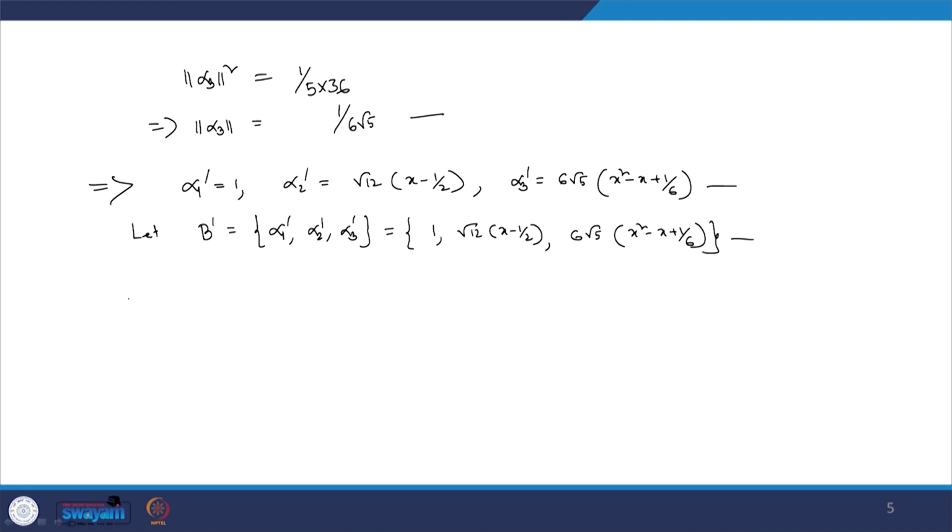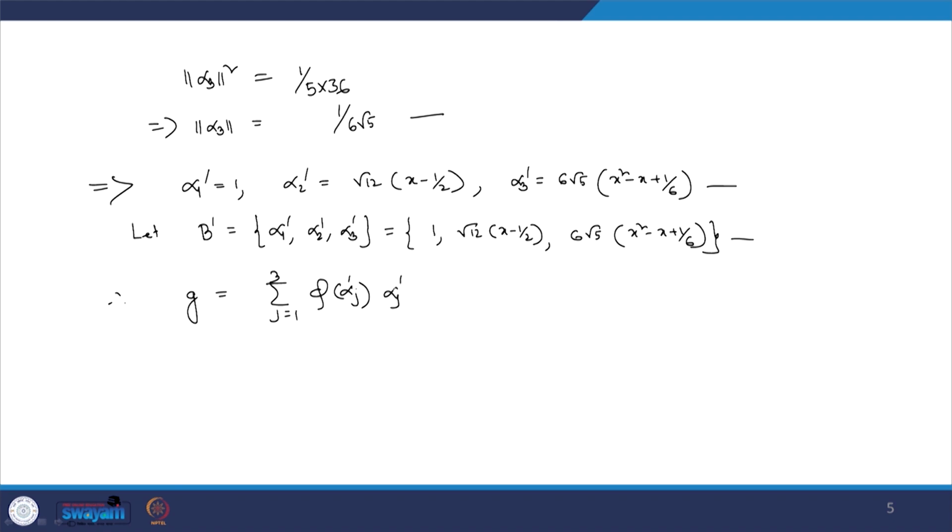So, according to that last result, your g will be the unique fixed vector in V. g will be equal to the summation of the linear functional at alpha j prime, j equal to 1, 2, 3, times alpha j prime.